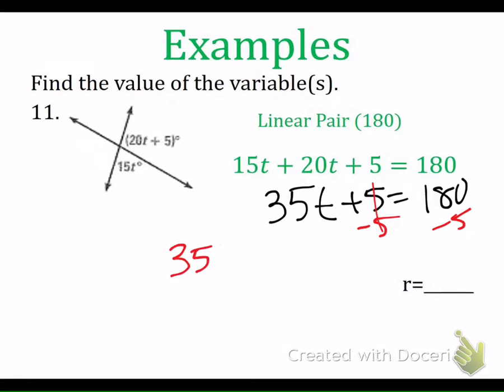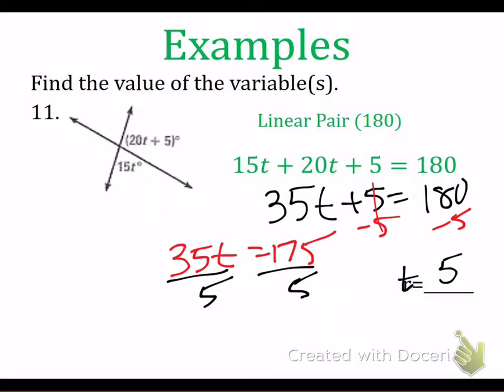So we have 35t equals 175. And then when you divide both sides by 35, you do end up with t as 5. T, R, whatever. All right, questions?